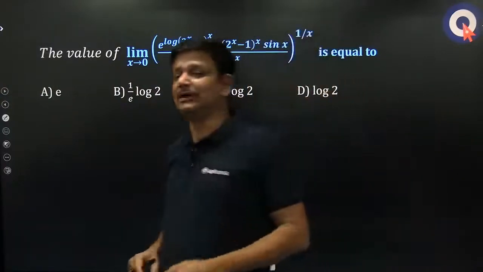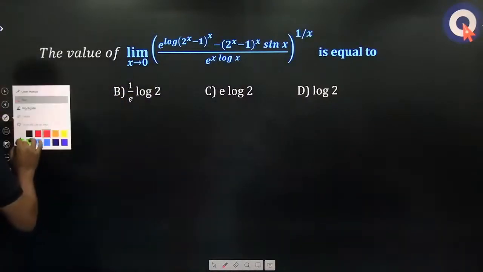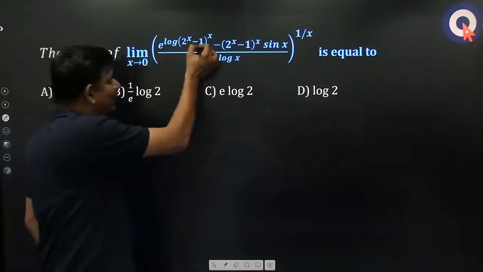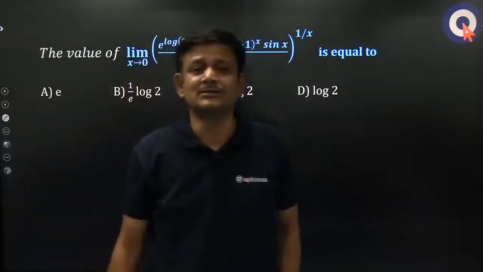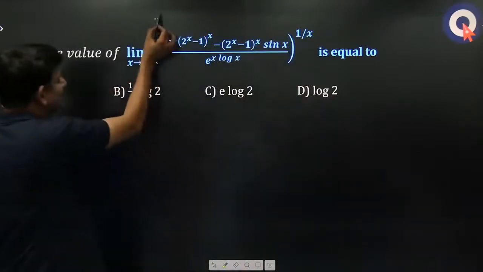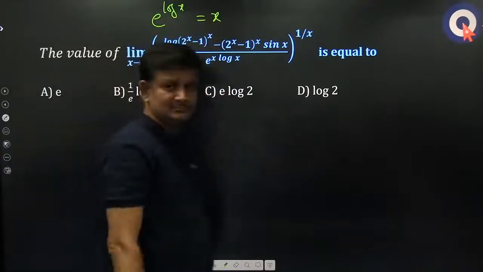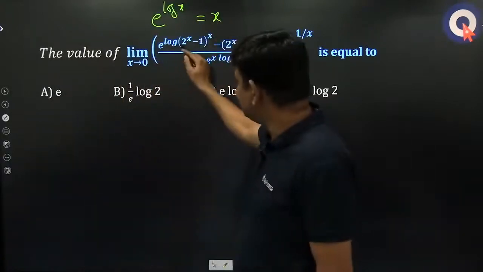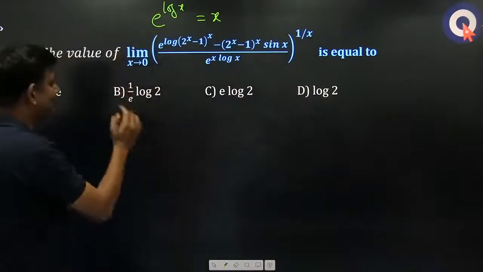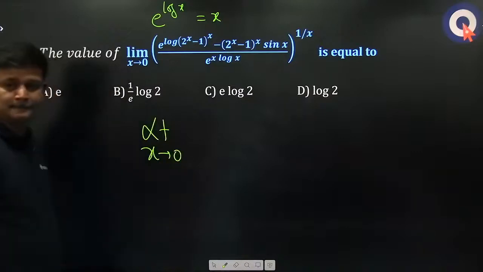The question is not difficult, it is only looking difficult. In such situations we need to be patient and patiently look at e power log of whatever. Same thing, e power log x is x itself. This itself is an indication that the paper setter wants you to be afraid of the question. He has in fact given you a very simple question.